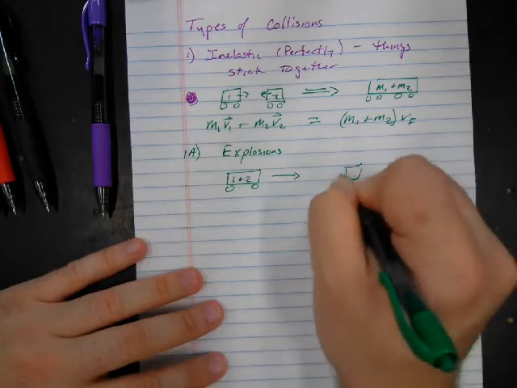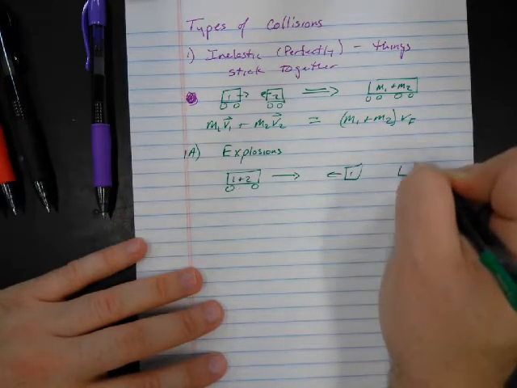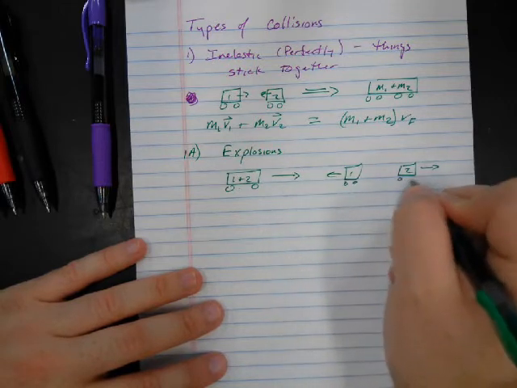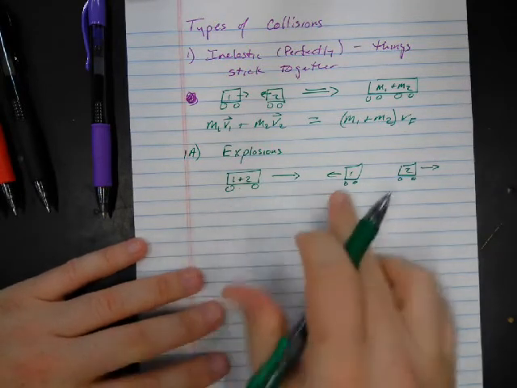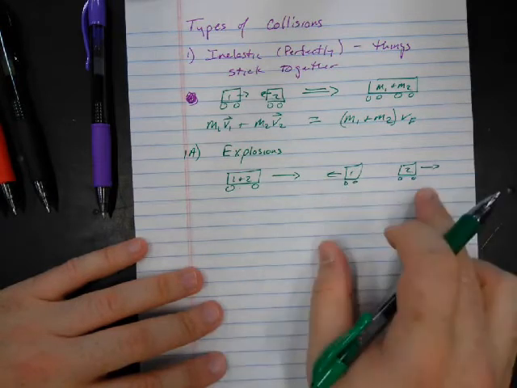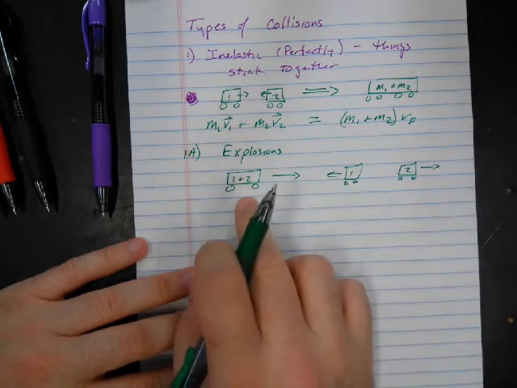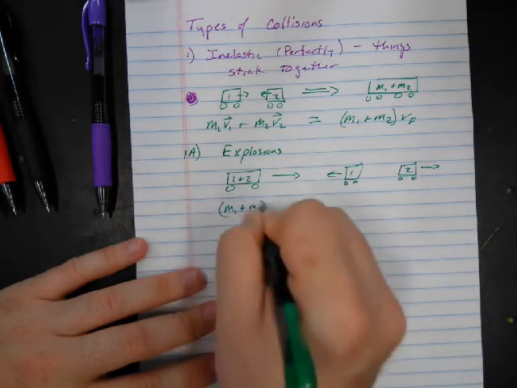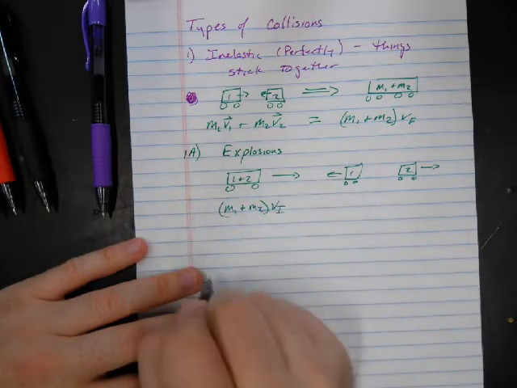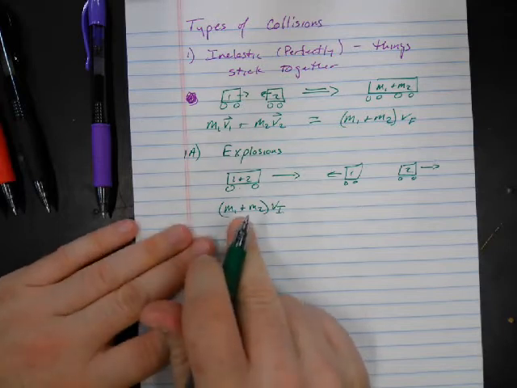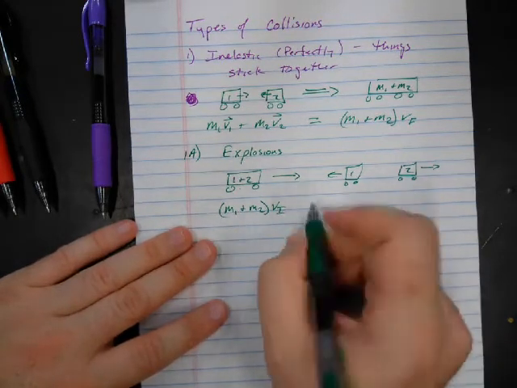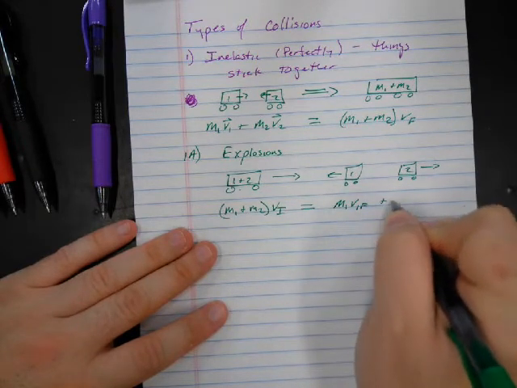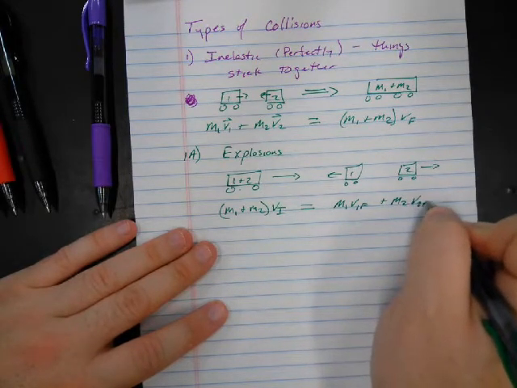Then we get two objects flying apart. Over here, we know that we're going to call these mass 1 and mass 2 eventually. So here, this is mass 1 plus mass 2 with some initial velocity. And that momentum has to become the momentum of the parts. Mass 1 V1 final plus mass 2 V2 final.